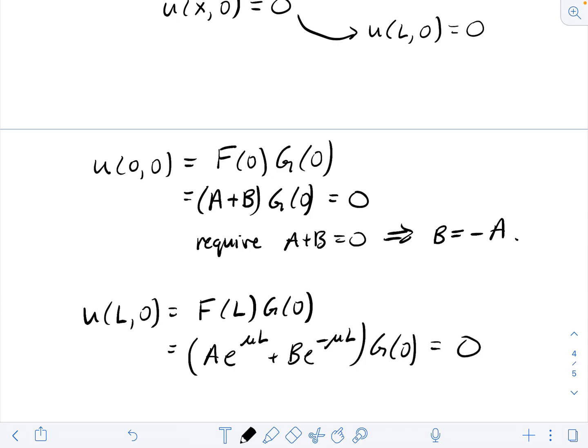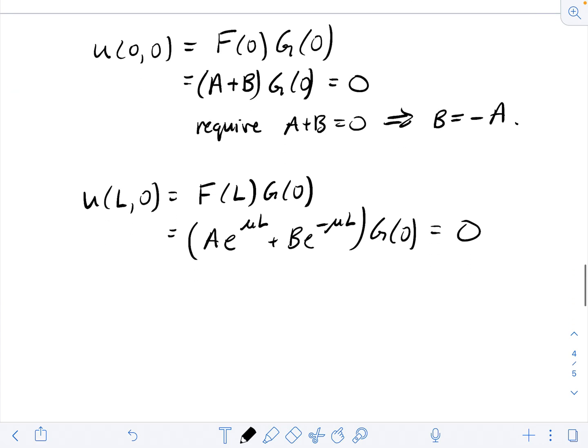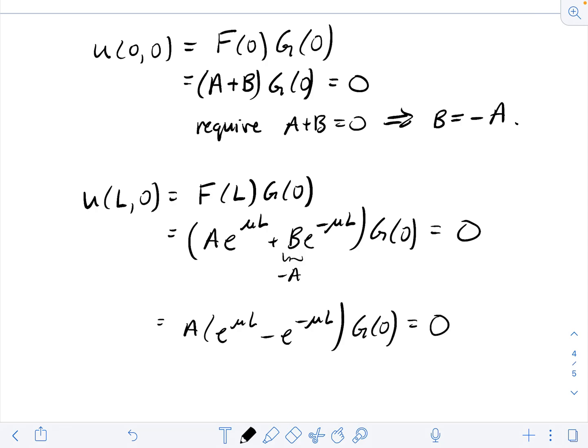And again, that has to be equal to 0 because that was the boundary condition. But we already know that b is minus a, and so what we get is a times (e to the mu L minus e to the minus mu L), g of 0 has to be 0.